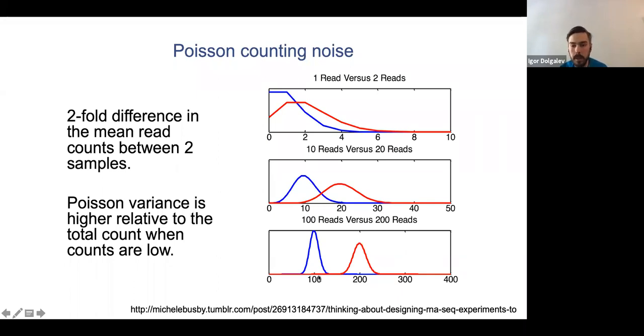But the overwhelming majority of the time, now you see a very clear separation between the two distributions. Basically the variance is higher relative to the total count when the counts are low. By increasing the number of counts, you're essentially increasing the number of times you're sampling your reads, and the more times you sample them, the more likely you are to capture the real level of expression.